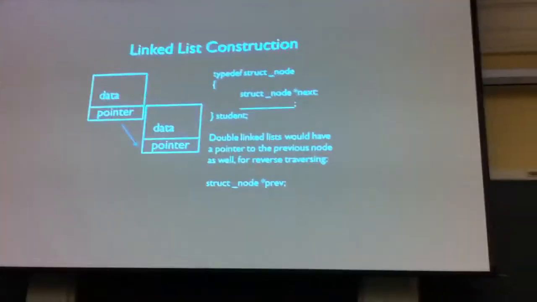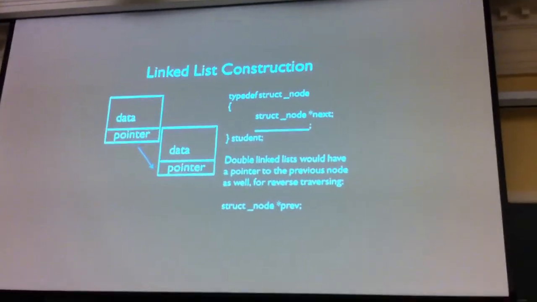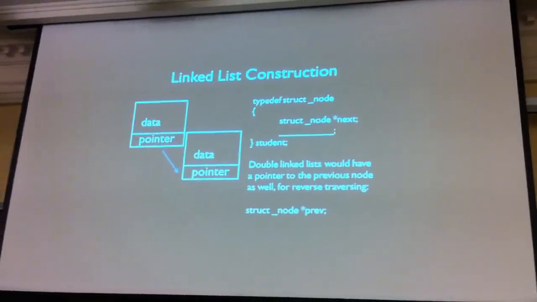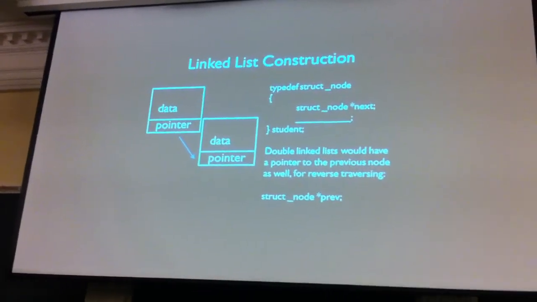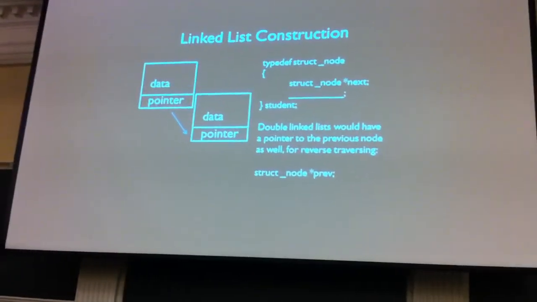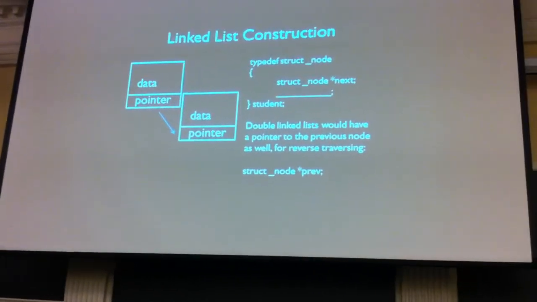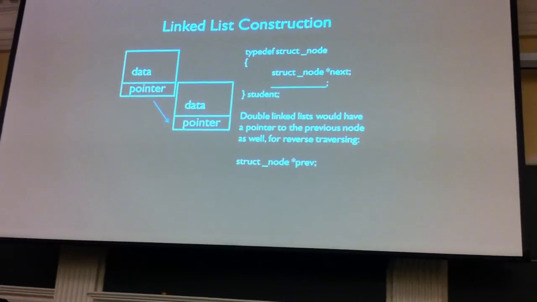So the way that linked lists are constructed, usually we use a typedef struct node. So you have a piece of data and a pointer associated with it, and another piece of data, another pointer associated, and so on and so on. So you have a structure with a pointer to the next node and all the data that you want in it.